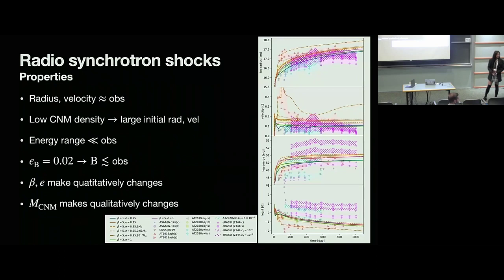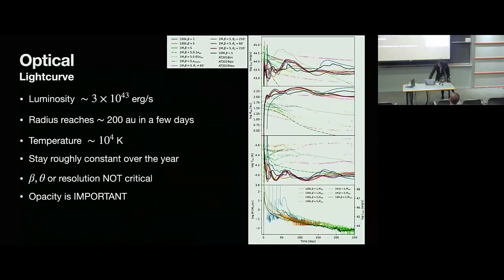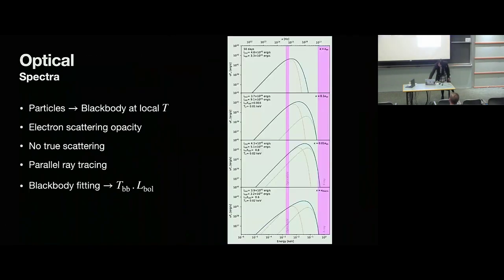Thank you. I have a question about the spectrum calculations. It was written on the slide that the particles emit as black body. Do all particles participate in the emission, or only a fraction of them? All the particles.